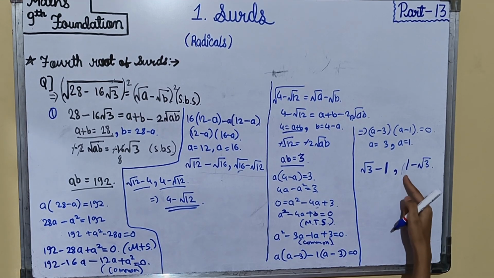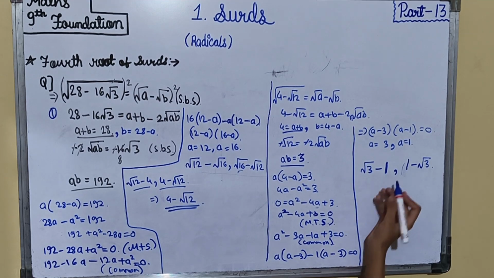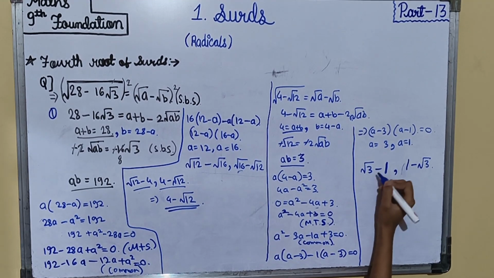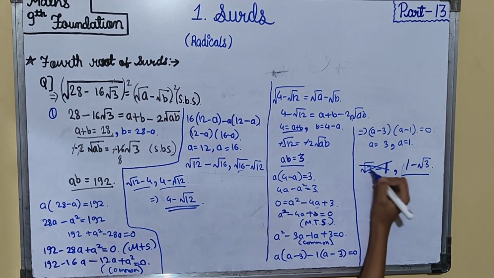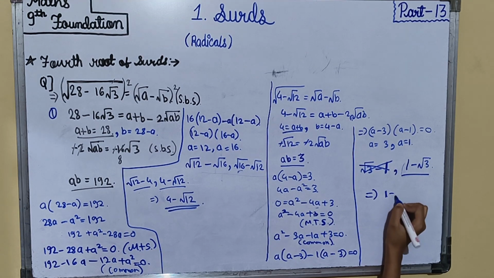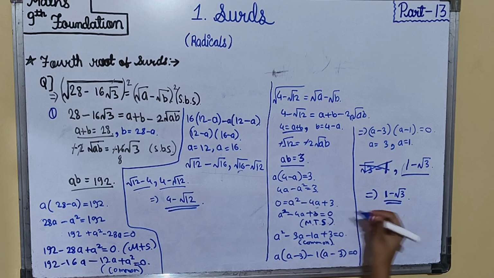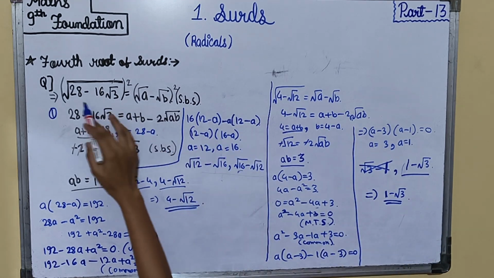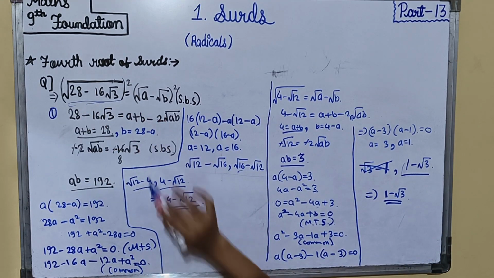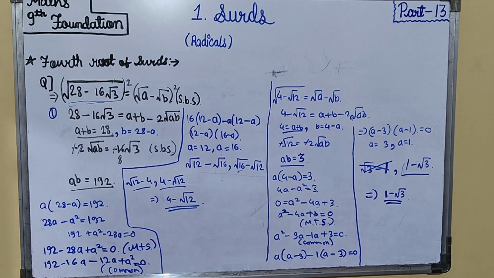So we have seen that a rational number is never negative. So we'll take this and cancel this one. So 1 minus root 3 is the answer. So this number's fourth root is 1 minus root 3.